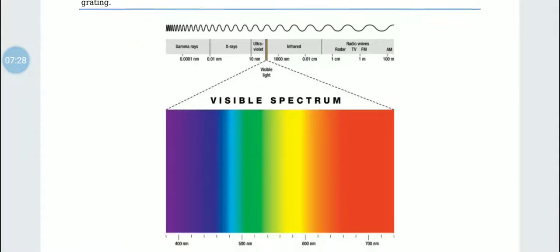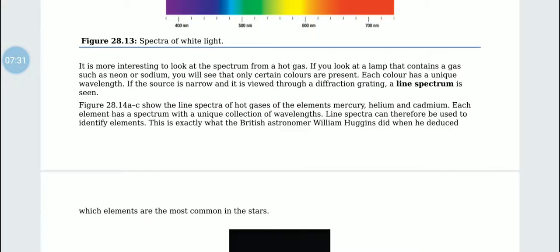Please underline what continuous spectrum is. When hot gases such as mercury, helium, and cadmium emit light, they have unique wavelengths.